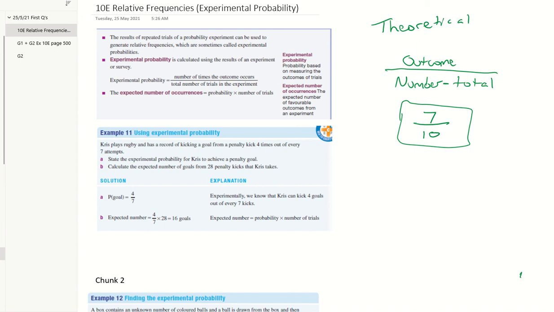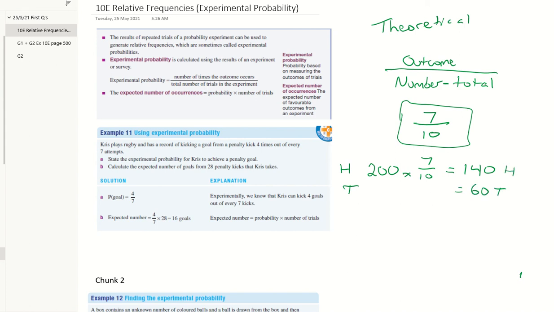So if somebody said to us, how many heads would we expect to get if we toss the coin 200 times, we would go 200 times 7 out of 10. You could put that in your calculator and you'll get 140. So we would expect to get 140 heads if our experimental probability was 7 out of 10. And then for tails, it would be 200 minus that. We would expect to get 60 tails.